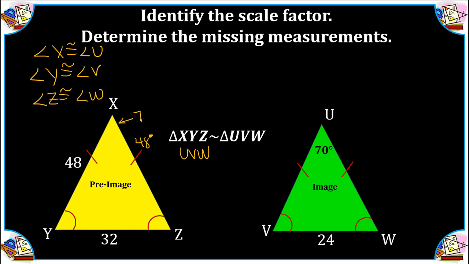So we know this is 70 degrees. And now we have two angles that are the same measurement. So let's subtract out the 70. And now we just have to divide this by 2, and we get 55. So these angles are all 55 degrees.